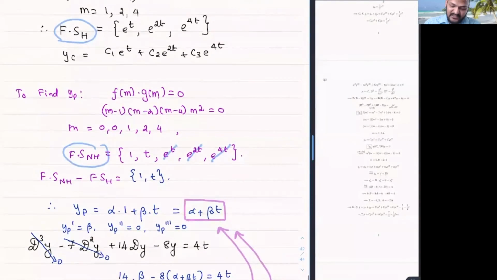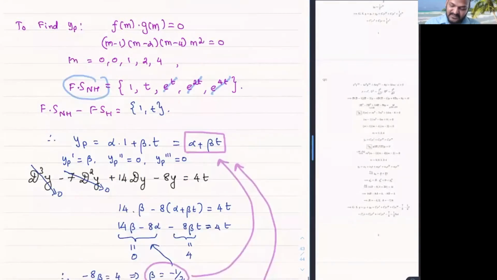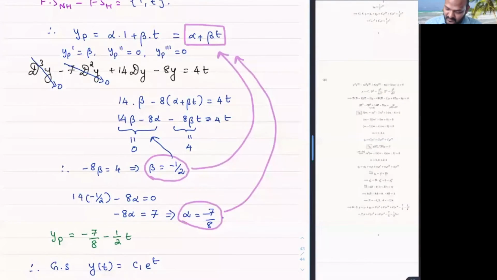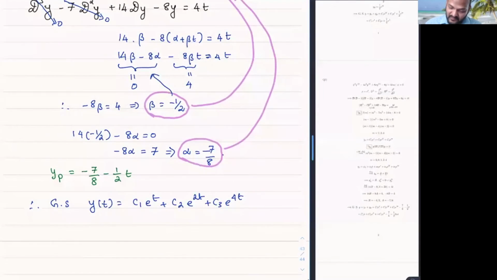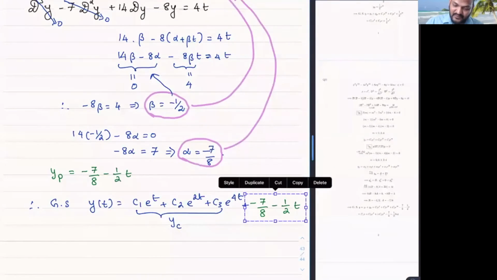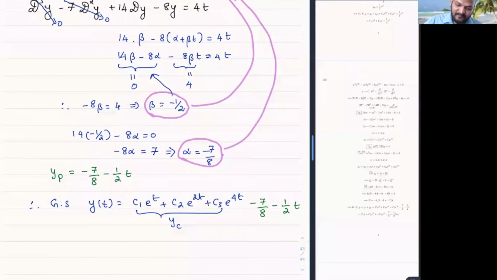Yc is c1 e to the t plus c2 e to the 2t plus c3 e to the 4t. That's my yc, and my yp is basically this right here. So I should change this to negative. So that's my yc, and that's my yp right there.